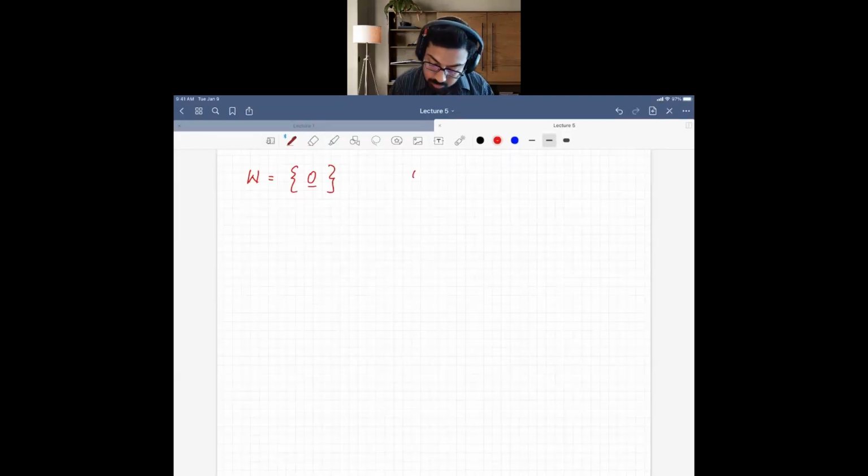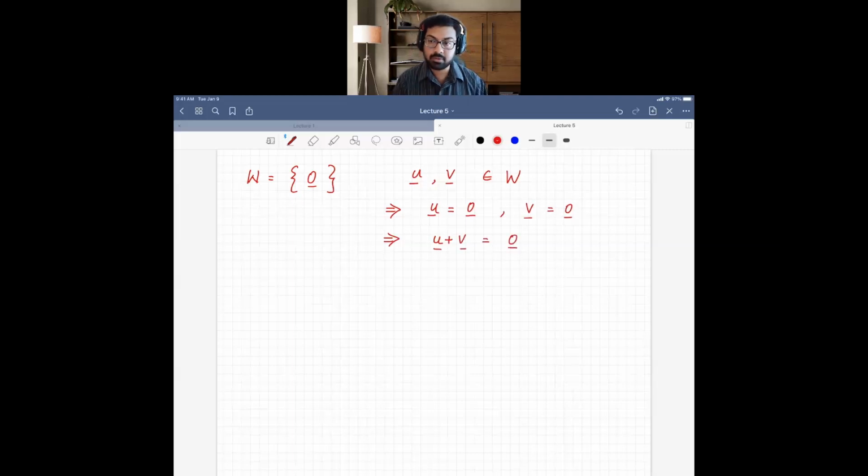I will assume two vectors U and V that belong to W. If they belong to W, that means that U is going to equal the 0 vector, and V is also going to equal the 0 vector, which implies when you add U and V, you are going to get another 0 vector. So it's closed with addition.